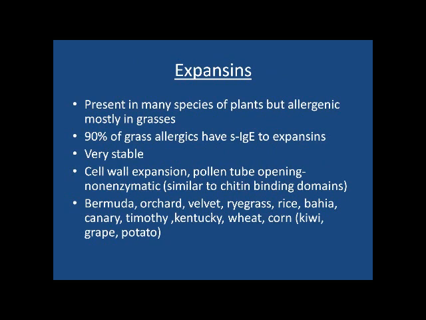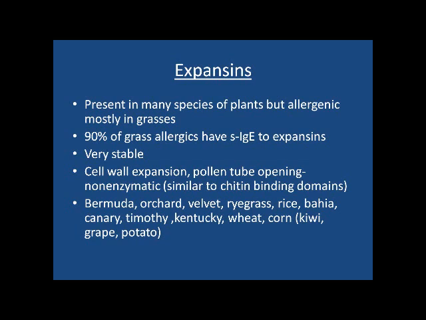The expansins are really interesting. They're in all sorts of plants, but they're mostly allergenic from grasses. 90% of the grass allergics have IgE to expansins. They're very stable, and they're involved in cell wall expansion. They kind of loosen up the carbohydrate chain so that things can expand in a really neat mechanism, but we won't go into that.